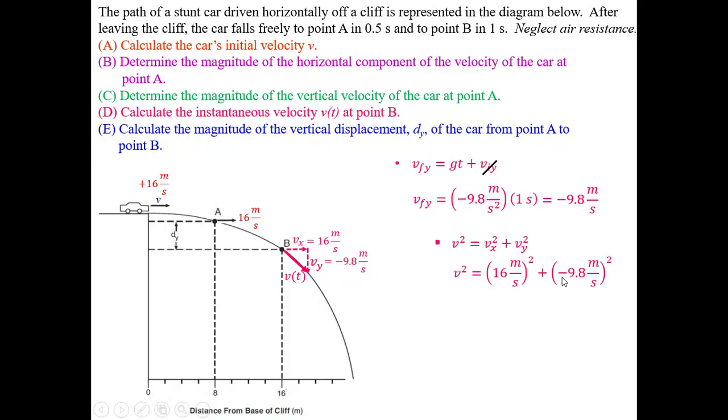Vy, we just found, is negative 9.8 at 1 second. And we're going to square that. If you do all that correctly, the right side reduces down to 352.04. But this is V squared. So to get V by itself, we need to take the square root of both sides. The square root of 352.04 will give you roughly 18.76 meters per second. So that's that.